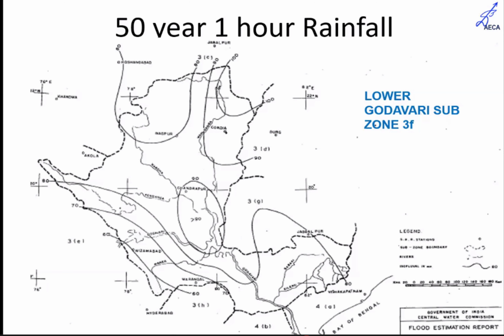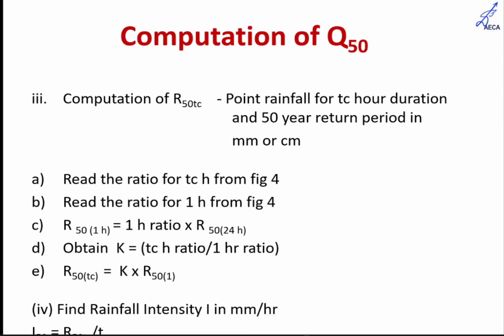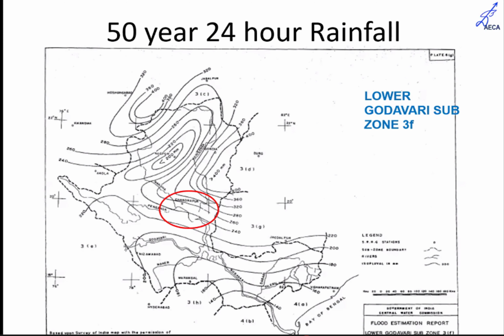So we have point rainfall with a 50-year return period for 1 hour duration, and also the point rainfall for 24-hour duration with a 50-year return period. For example, for this particular location of Vardhan Nagpur, rainfall comes to 25 centimeter per hour, around 250 mm for 24 hours.